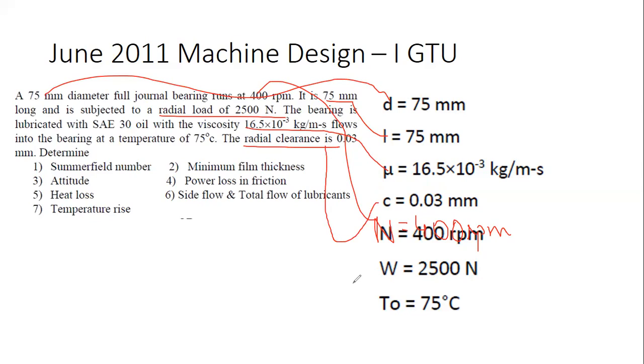If you go by the PSG design data book, it is diametral clearance. I have solved this by the Bhandari design data book. If the PSG design data book is allowed in your exam, then numericals with the PSG design data book are also available on my YouTube channel. You can go through that.